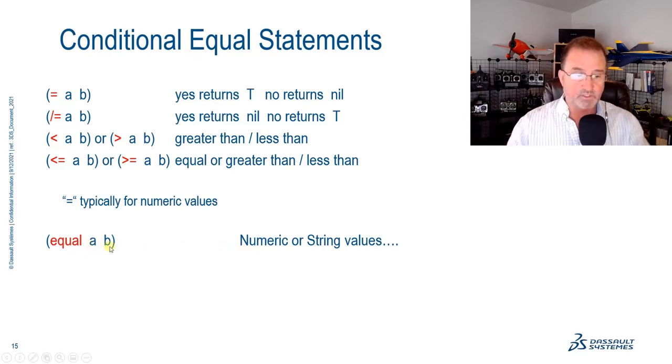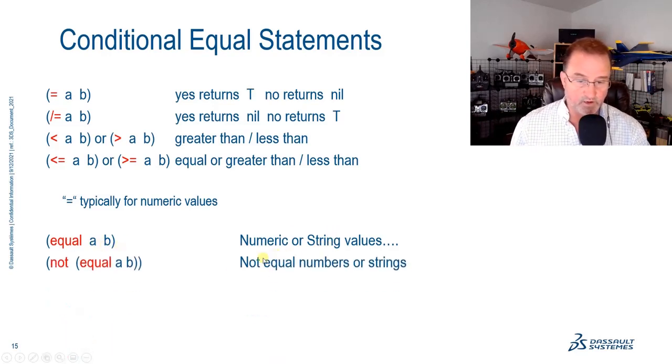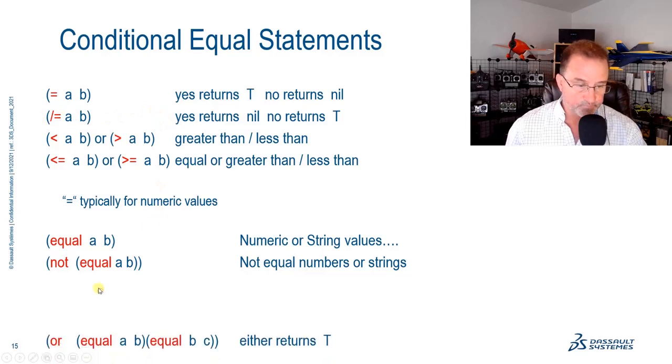It just really looks at those to make sure are they equal or not, and then returns a T if they are. Now, if we want to compare strings and say are these two strings not equal, then we use a function called not. So you'll notice, not equals is actually two separate functions instead of a single function as when we do this within numerical values.